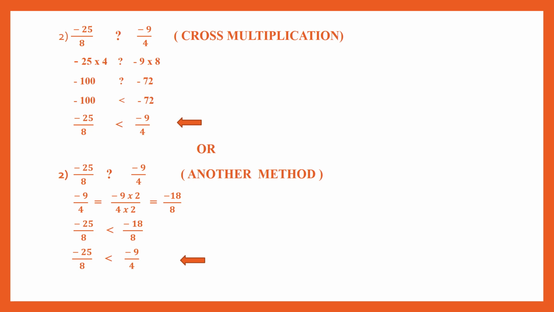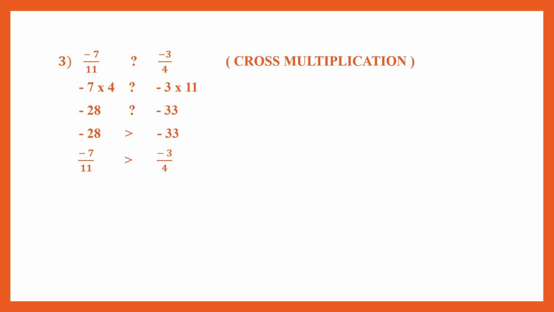Let's go to the third example. Minus 7 upon 11 has to be compared to minus 3 upon 4. We'll use the cross multiplication method here. So, minus 7 will be multiplied by 4. Minus 7 into 4 has to be compared to minus 3 multiplied by 11.